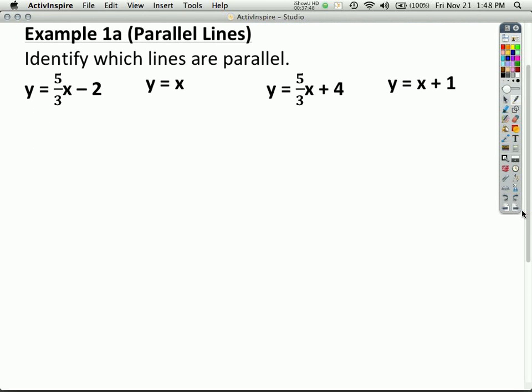So, the instructions. Identify which lines are parallel. Yes, you need to write down all of the equations. Doesn't need to be perfect, just write quickly.